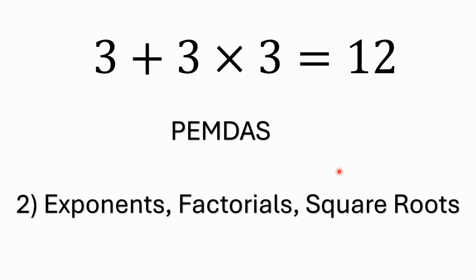But really, step number 2 is anything that is shorthand for repeated multiplication. We already talked about repeated addition. These are things for repeated multiplication. An exponent would be like 5 to the third power. 5 to the third power is the same thing as 5 times 5 times 5. Same kind of concept we just talked about with multiplication.